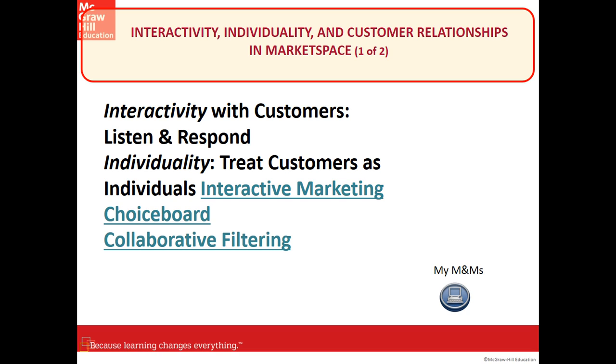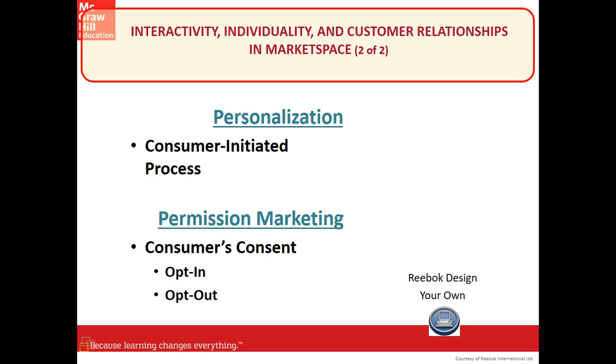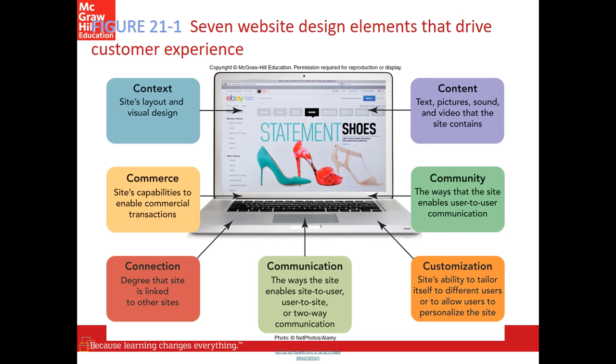Okay? And make sure you know what interactive marketing is, what choiceboard is, what collaborative filtering is, okay? And then what personalization is, what permission marketing is, opt-in and opt-out. How do you get consumers' consent in the online marketplace, okay? Marketspace.